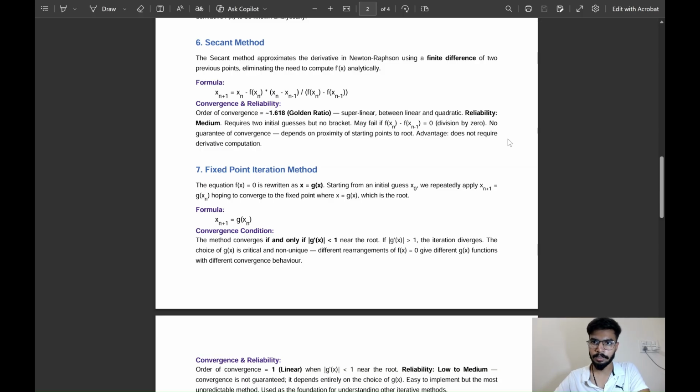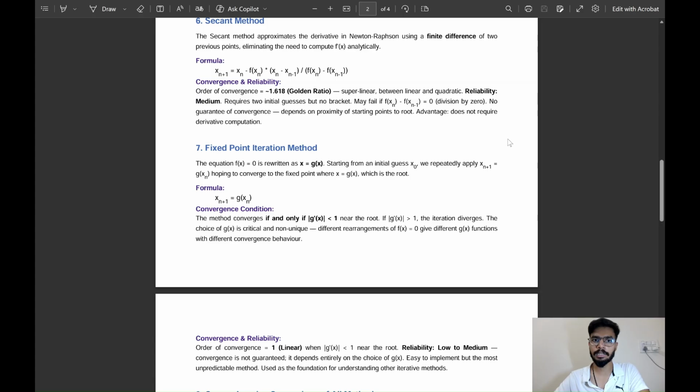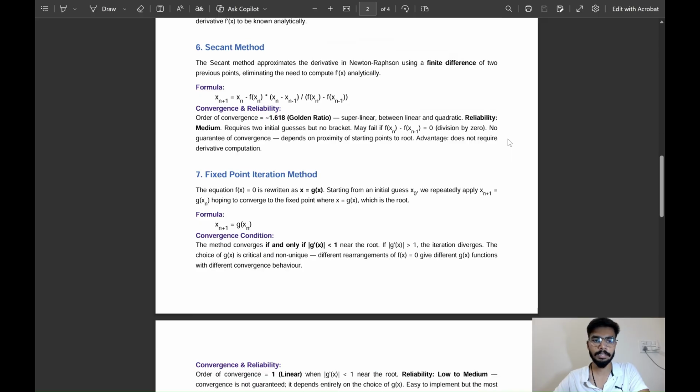Reliability is medium; it requires 2 initial guesses but no bracket. It may fail if f(xn) minus f(x(n-1)) is equal to 0, because it will then be a division by 0. There is no guarantee of convergence. It has the advantage that it does not require the derivative.